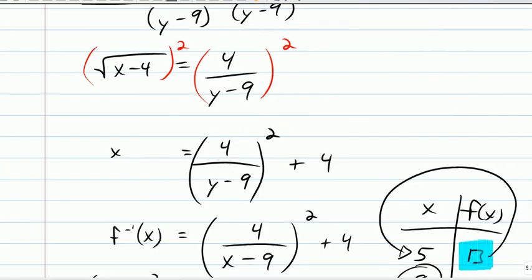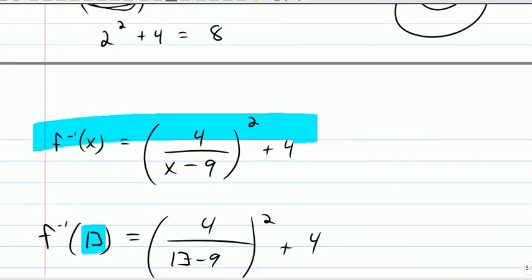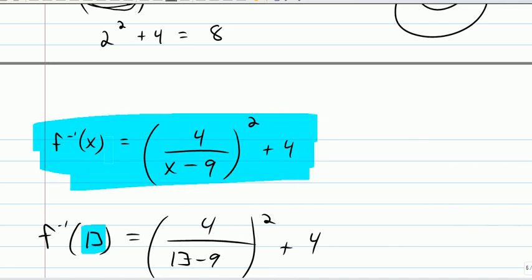F inverse of 13 equals 5. So you've got domain, you've got range, and you have your F inverse, and you have verified that it was correct with 2 instances. Later I'll show you how you can plug F into F inverse and how that works. But this is just a quick, convenient check for you, with a little less manipulation.